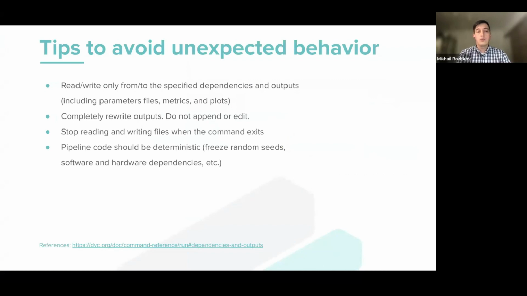So you completely rewrite outputs, do not append or edit them, and you explicitly specify what exactly dependencies and outputs you have for each stage, and which of them DVC should look at to do version control, and whether it should cache these versions of data or not.